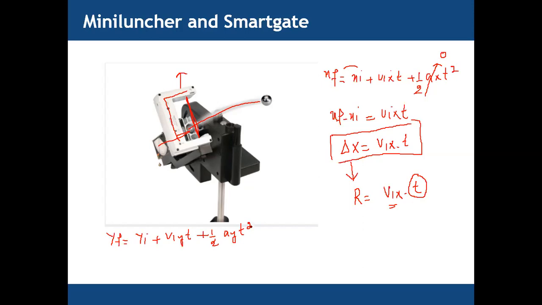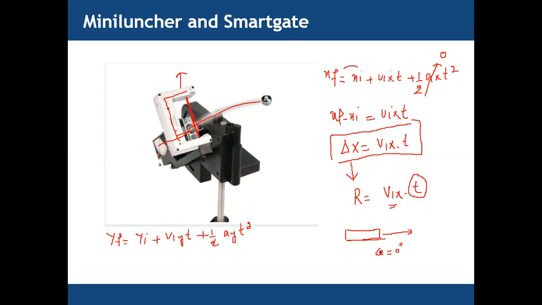First of all, suppose there is no angle, like the projectile body of the mini launcher throwing a ball making 0 degree.